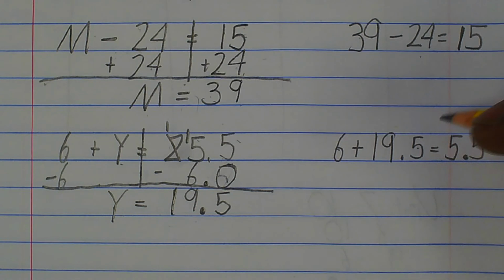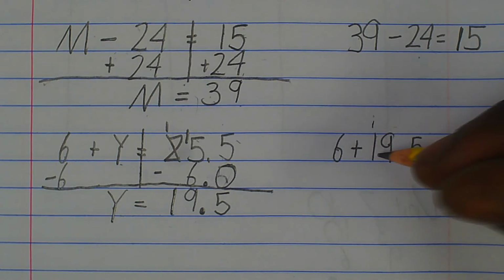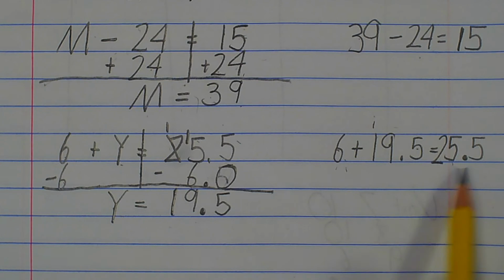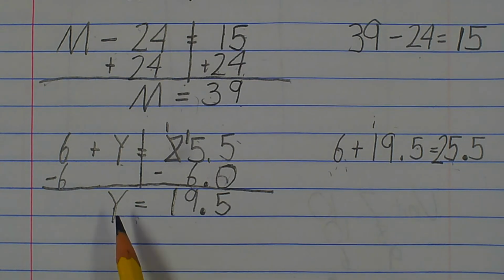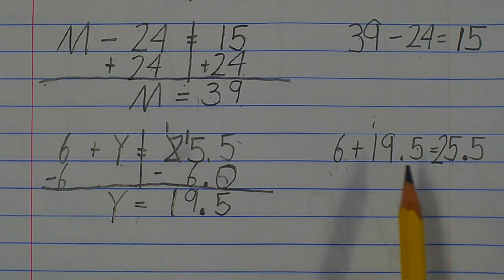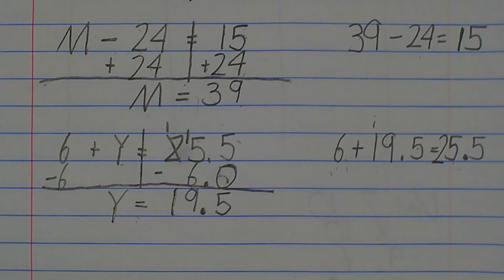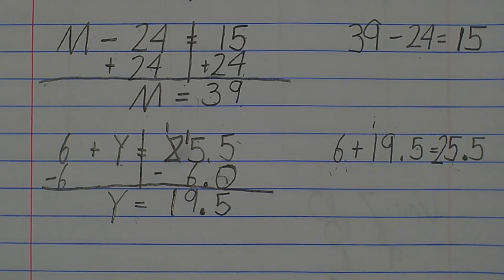Drop your 5, raise your 1, and then you have 1 plus 1, that is 2. So this is the same thing as this one. So this just tells us that y equals 19 and 5/10 because we got the total here. Okay? All right, let's look at the following and then we'll move on to modeling.